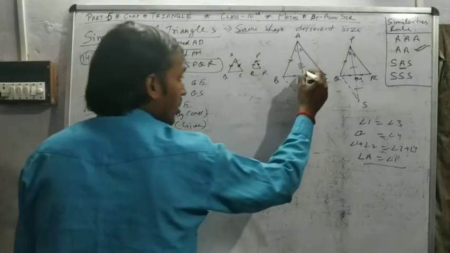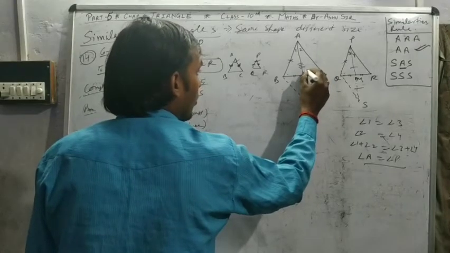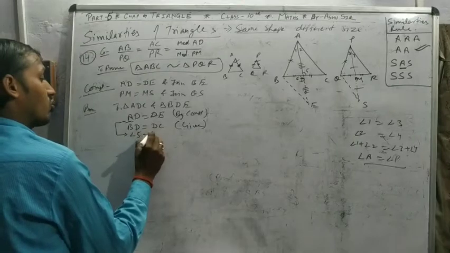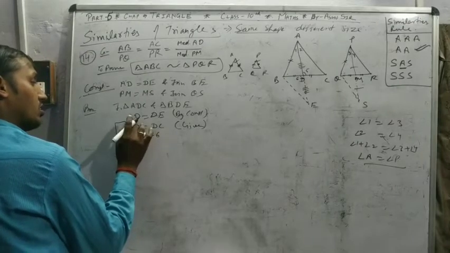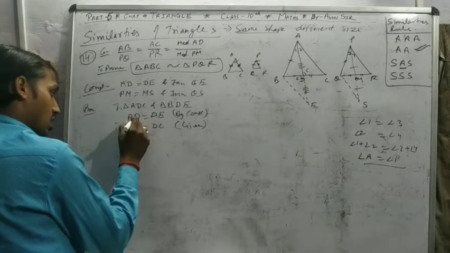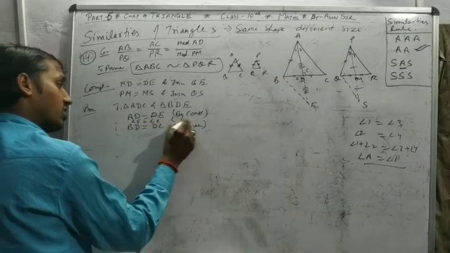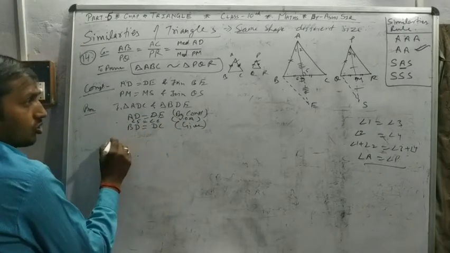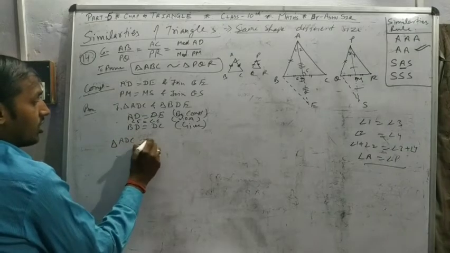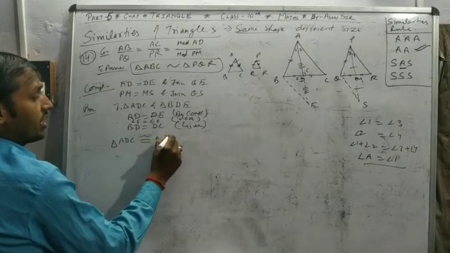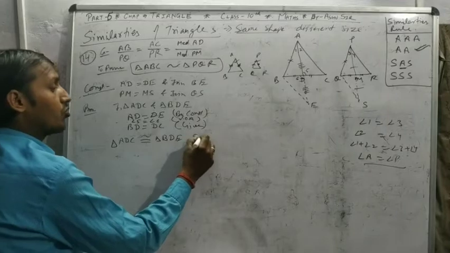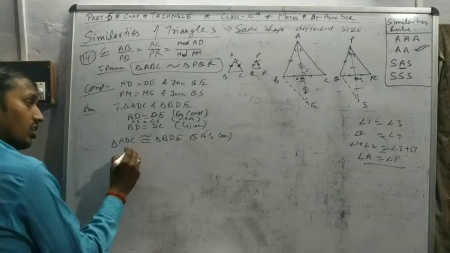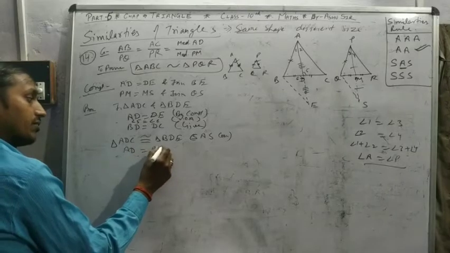Angle 5 equals angle 6, vertically opposite angles. So triangle ADC is congruent to triangle BDE. Why do we prove that congruent? We get AC equal to BE.